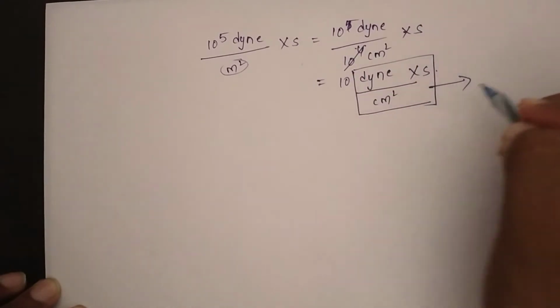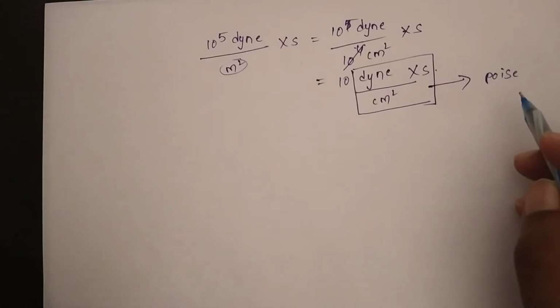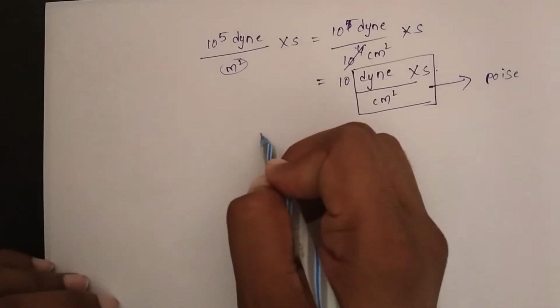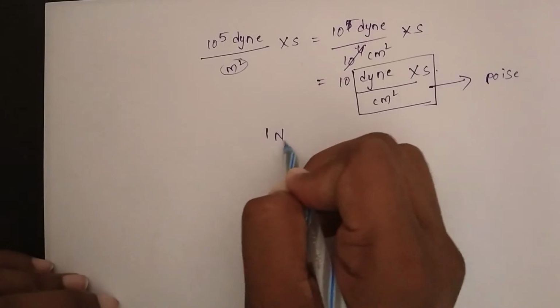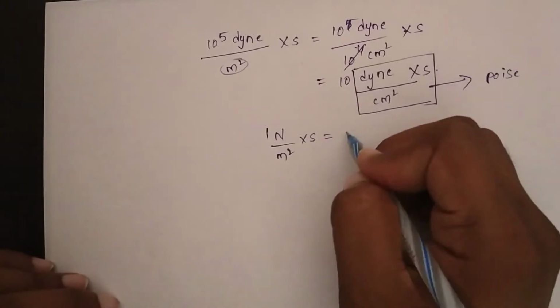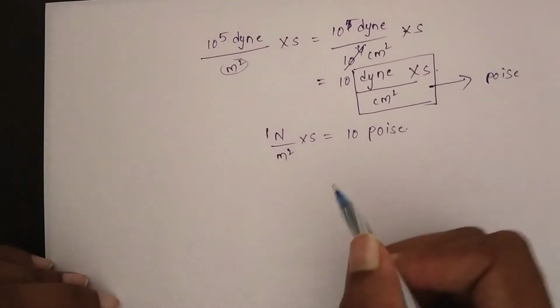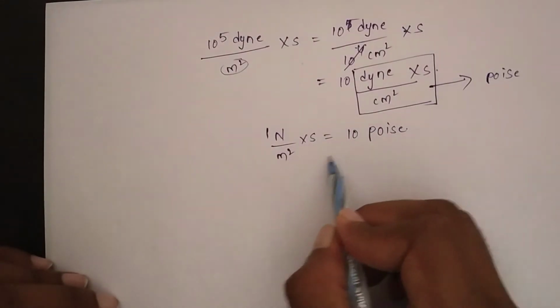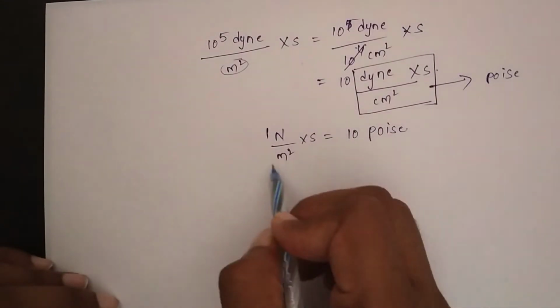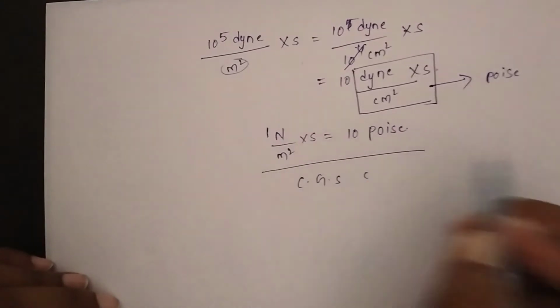This is known as poise. 1 poise is nothing but dyne second per centimeter square. So 1 Newton second per meter square is equal to 10 poise. This is the units of dynamic viscosity in CGS system.